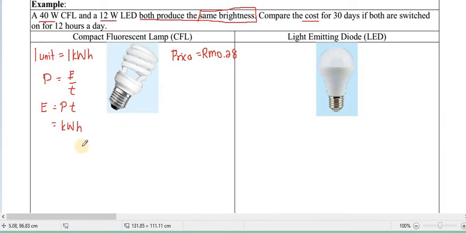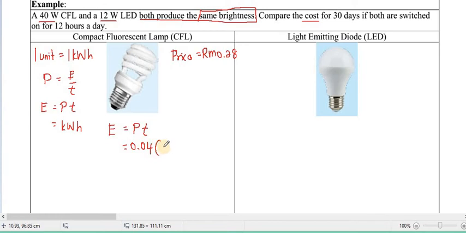Okay, so first we calculate the amount of energy. So energy is power times time. The power of the compact fluorescent lamp is 40 watt. 40 watt changed into kilowatt is 0.04 kilowatt. The time, how much is the time? 12 hours a day.